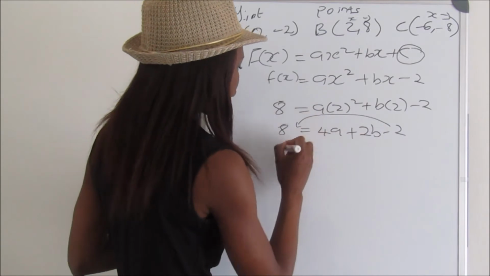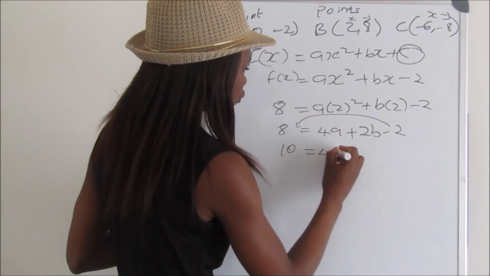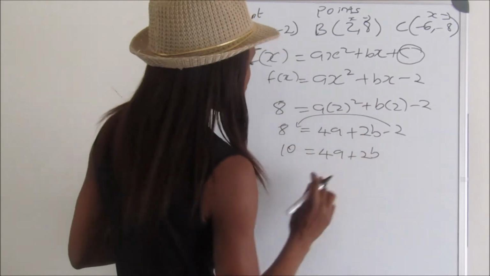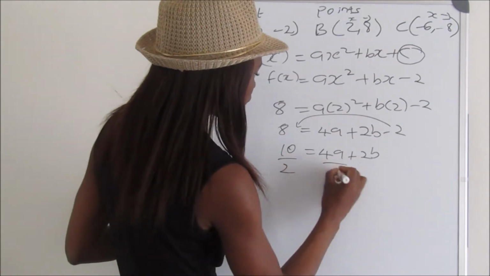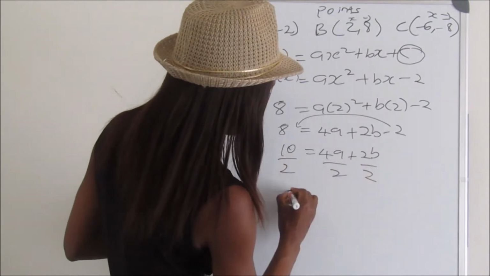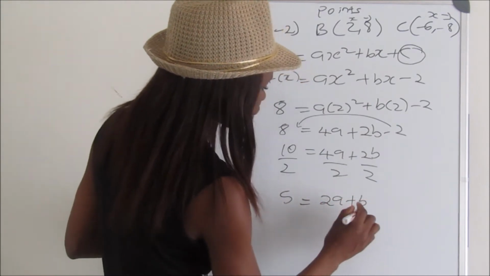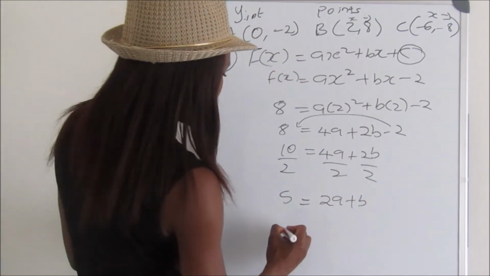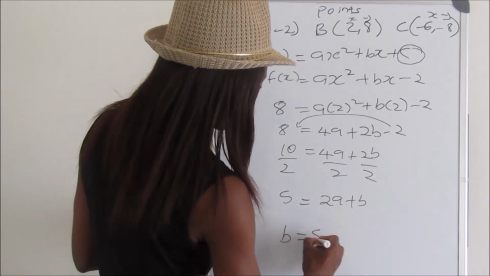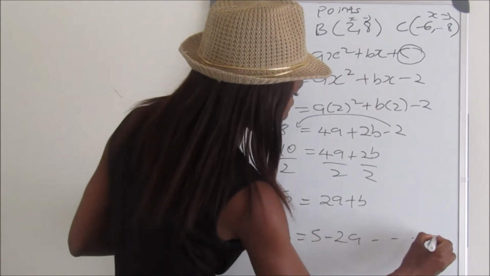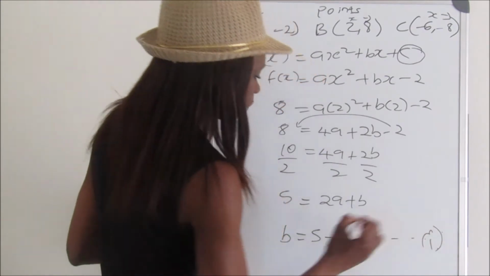Bringing 2 to the other side, 10 = 4a + 2b. Dividing the entire equation by 2, we are left with 5 = 2a + b. Making b the subject of the formula, b = 5 - 2a. This is equation 1.